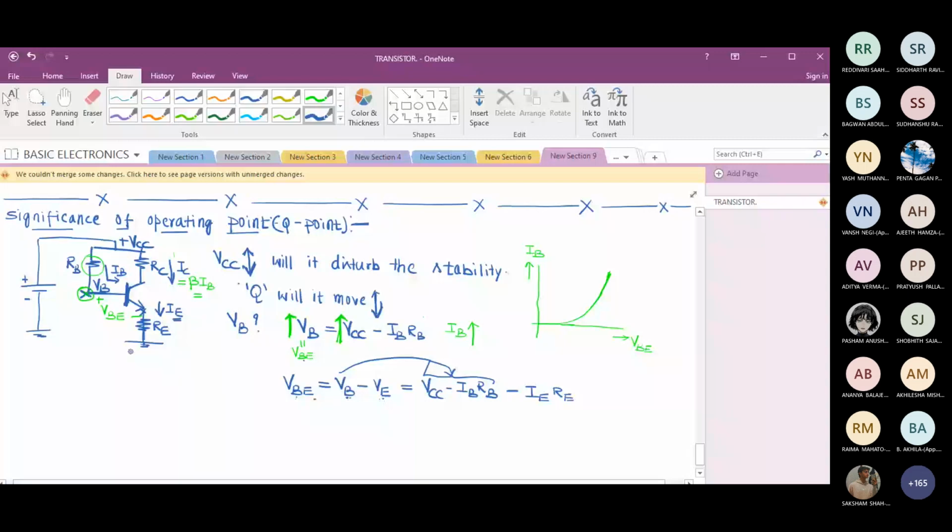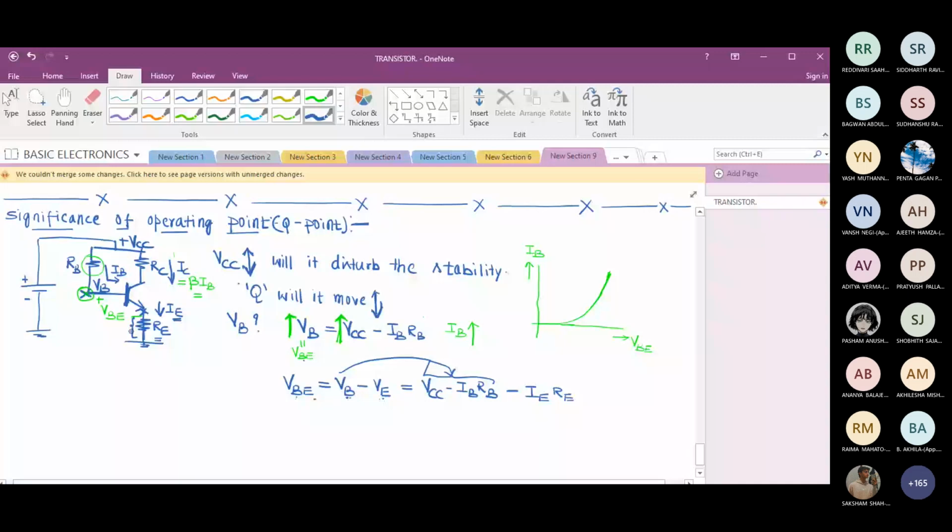Is it flowing through resistance RE? So if I ask you what is the potential at the emitter, is it IE into RE, the voltage drop across the resistance RE? Yes, sir. All of you getting this?